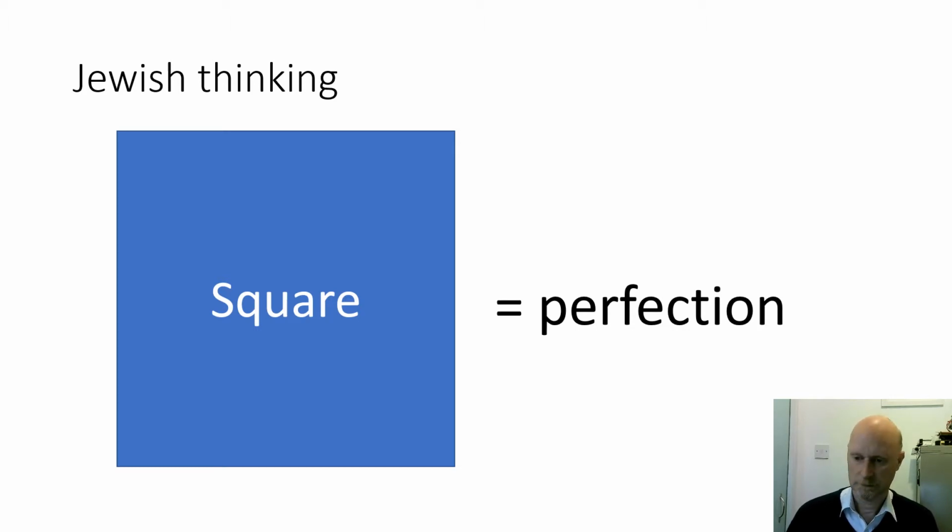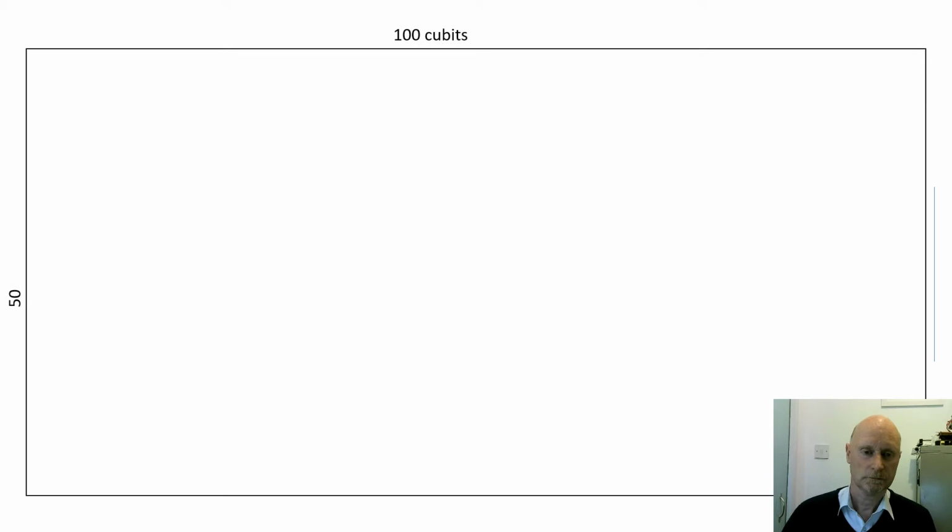So if I slowly reveal this to you, first of all, the tabernacle is made up of what's called an outer courtyard, which is made with poles and linen strung between them to make a courtyard and a kind of gateway on this side.